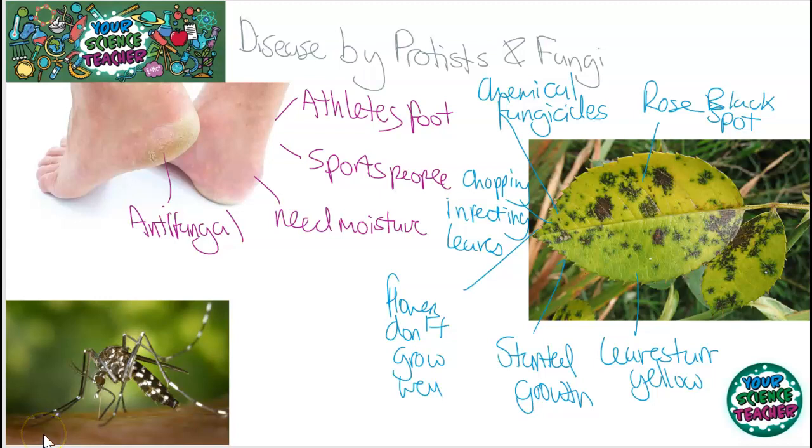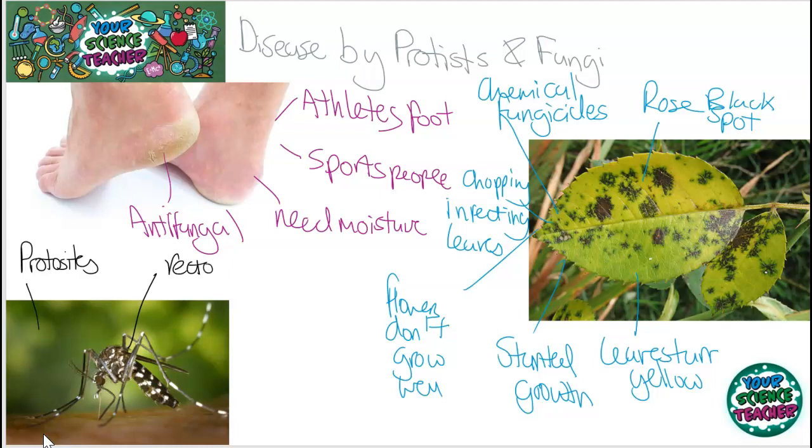The least common form of infection are protists, which are basically parasites. Often they're carried by a vector. A vector is something that transfers the parasite indirectly. For example, malaria is a protist, and it's carried by mosquitoes.